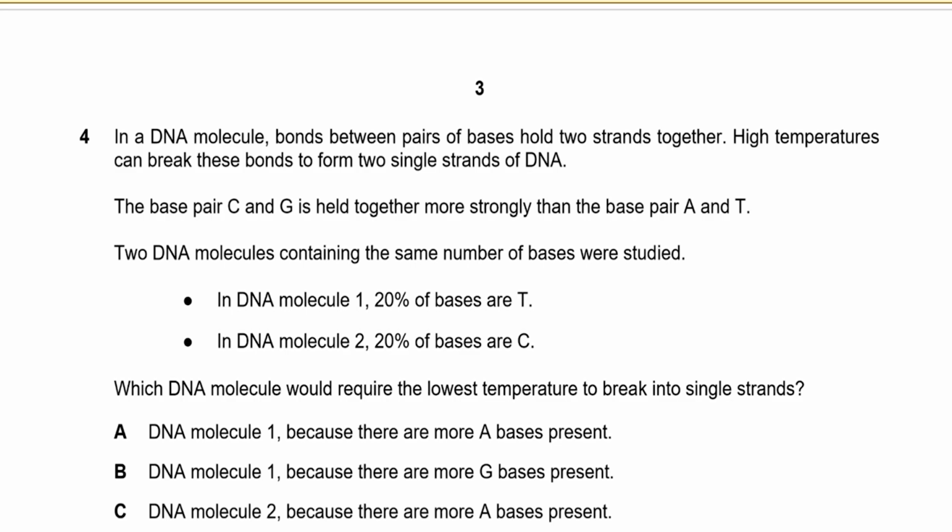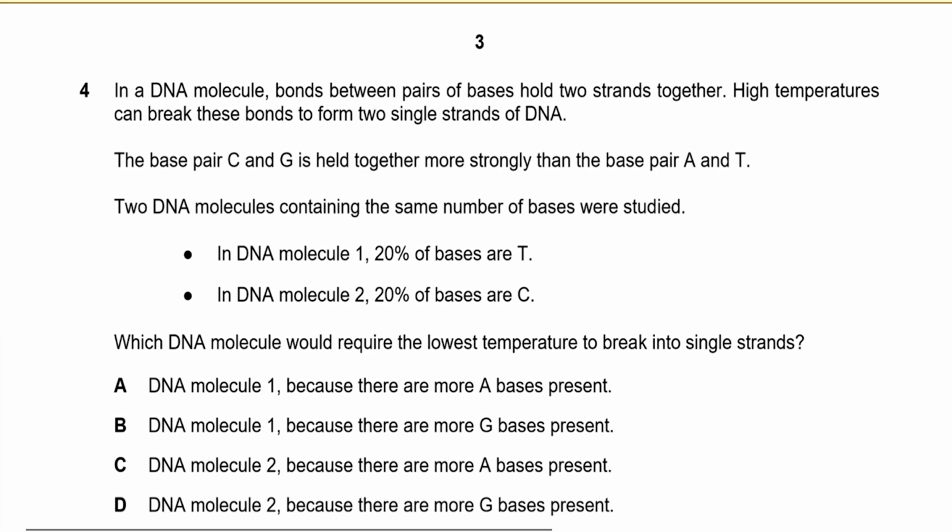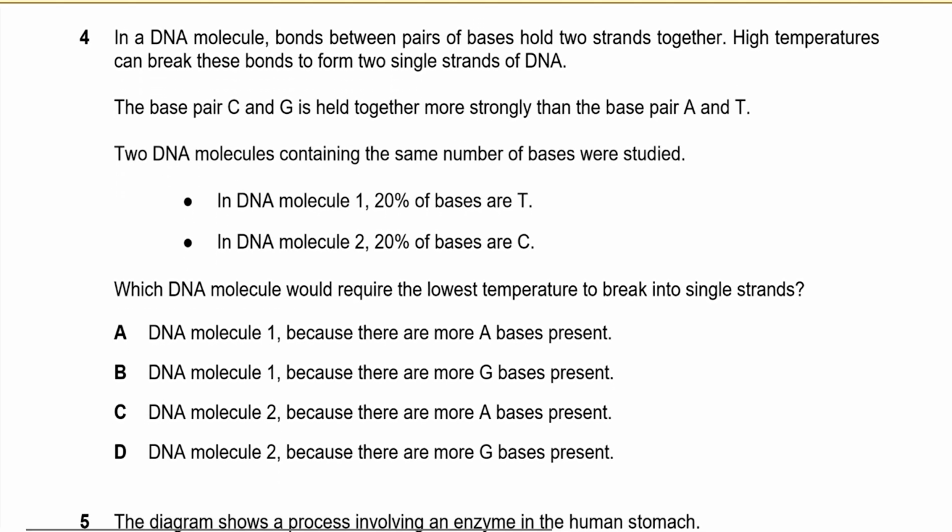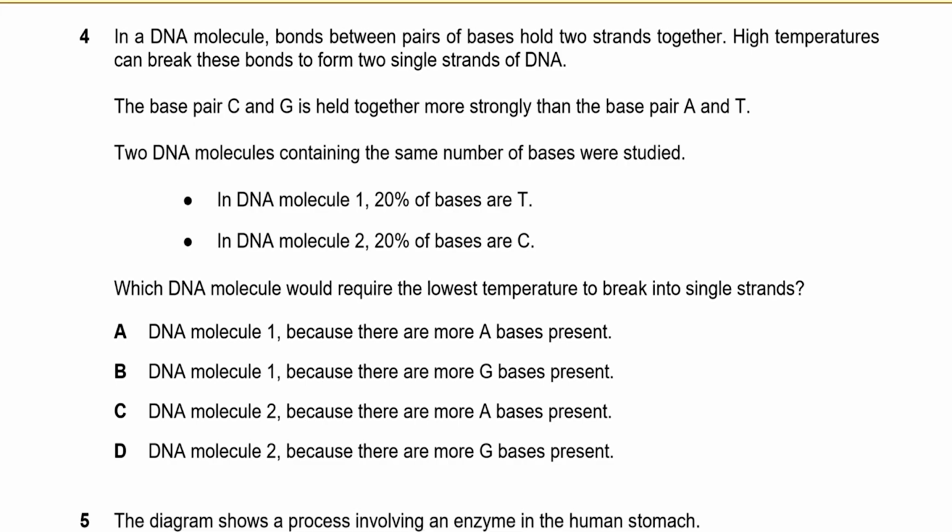In molecule 1 we had 20% of bases being T, and in molecule 2 we have 20% of bases being C. Then the question says, which DNA molecule would require the lowest temperature to break into single strands?